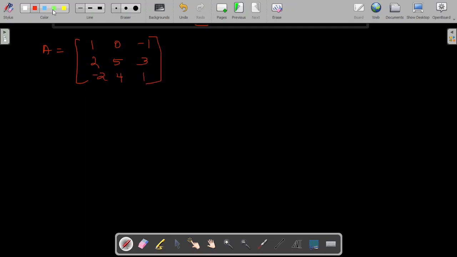This is the matrix. Now I want the minors M11, M12, M13. Delete first row, first column. So you will get 5, 3, 4, 1. Then delete first row, second column: 2, 3, minus 2, 1.